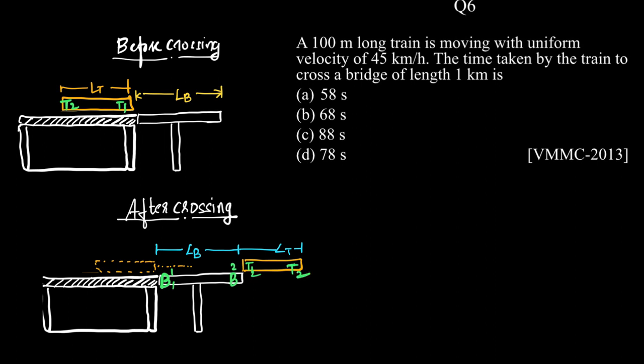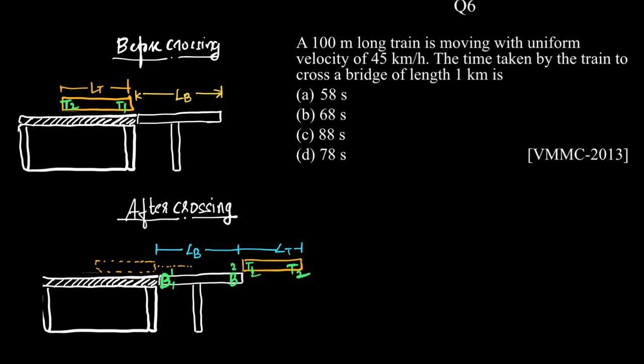only when the T2 portion coincides with the B2 portion... That would be fine, right? Okay. So when the final portion of the train, which is T2, coincides with the final portion of the bridge, which is B2, only then the crossing is complete, right?